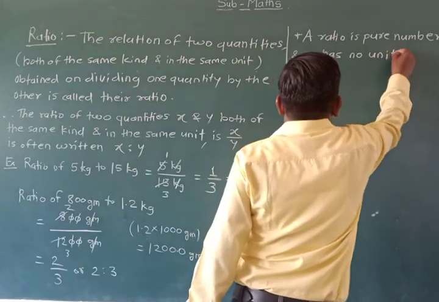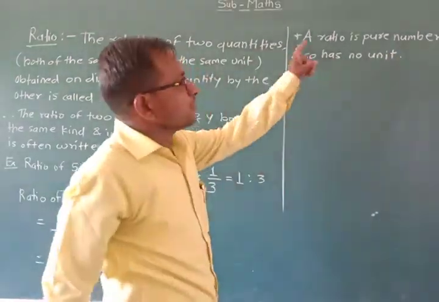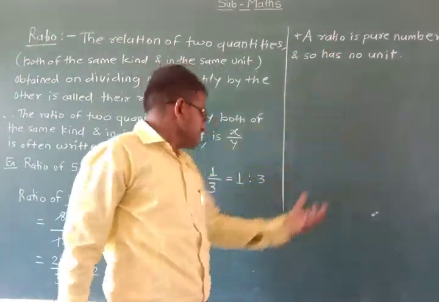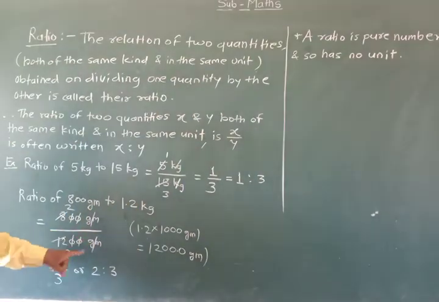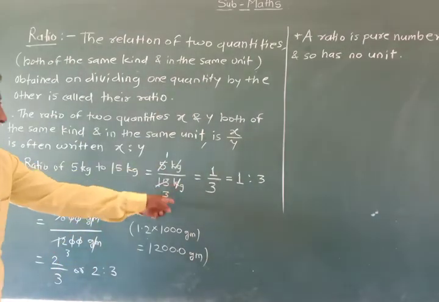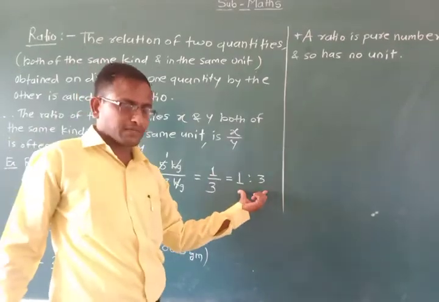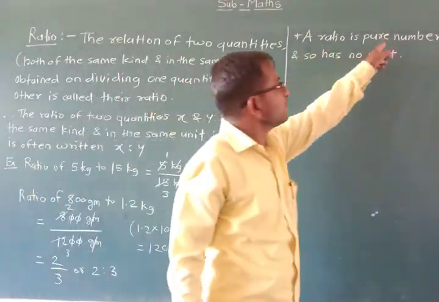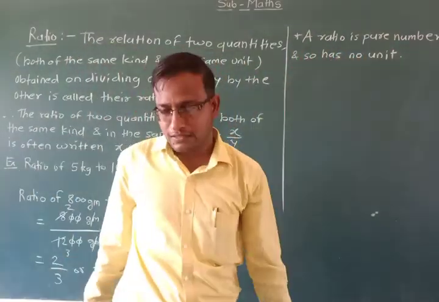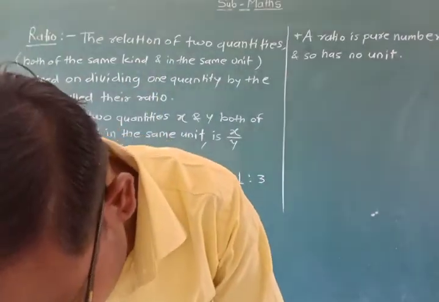You always remember this point. A ratio is a pure number. So here the units get cancelled. Gram and kg cancel, and then the answer is a pure number. So a ratio is a pure number and so has no unit.